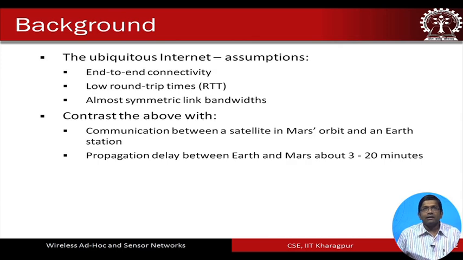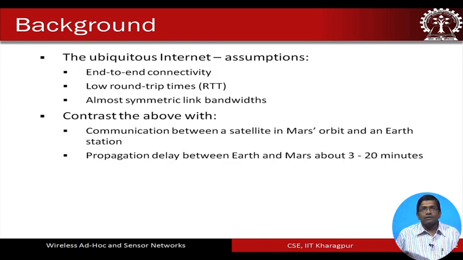The second is that there are low round trip times, and the third is that the link bandwidths are symmetric both ways. So both uplink and downlink, the bandwidths are symmetric. These are some of the fundamental assumptions with which the internet works.